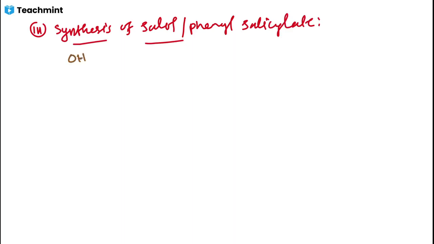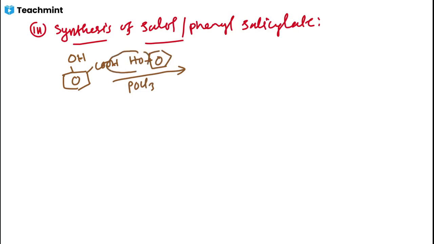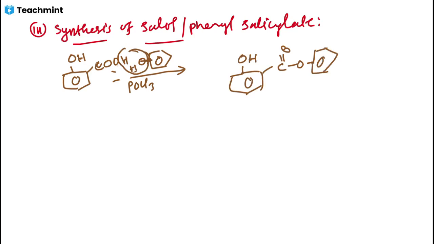When salicylic acid reacts with phenol in presence of POCl3, we get the product. This is also known as phenyl salicylate or Salol.